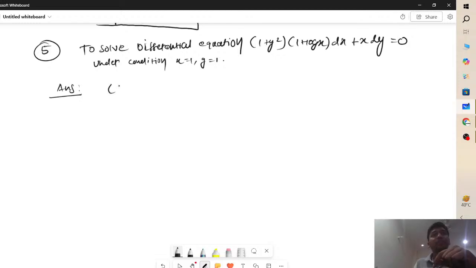तो गिवन इक्वेशन इज 1 plus y square 1 plus log x dx x dy equals to 0.